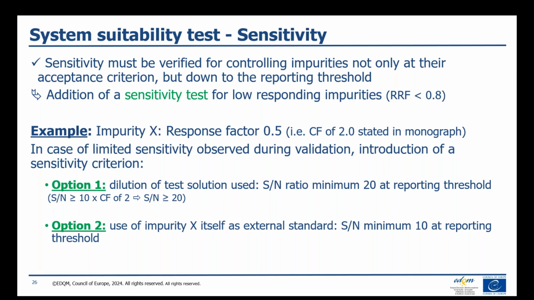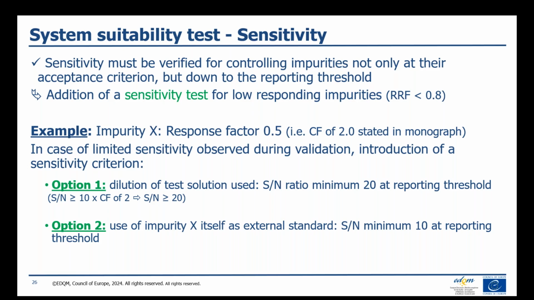So there are two options. The first one is to use again the dilution of the test solution, but instead of having a signal to noise ratio of minimum 10 at the reporting threshold, we will prescribe a signal to noise ratio of minimum 20.